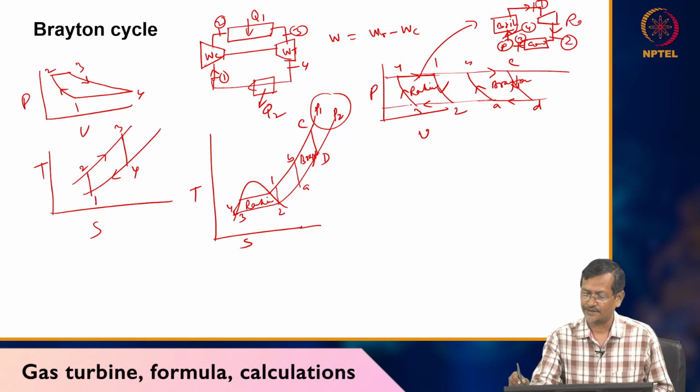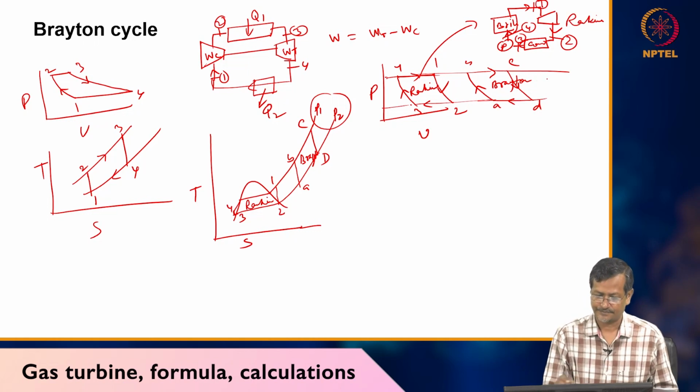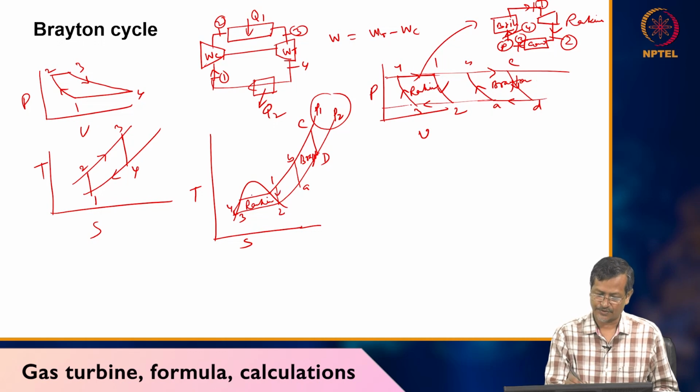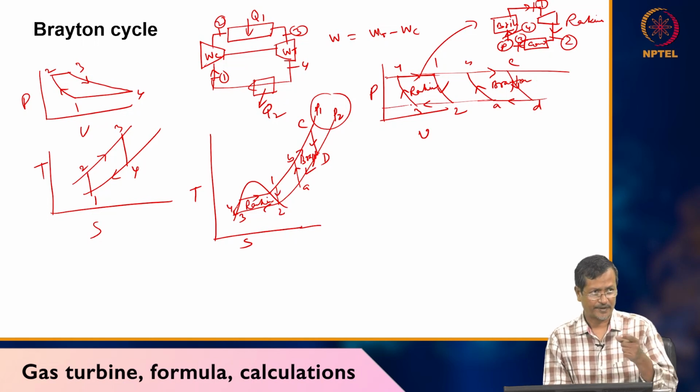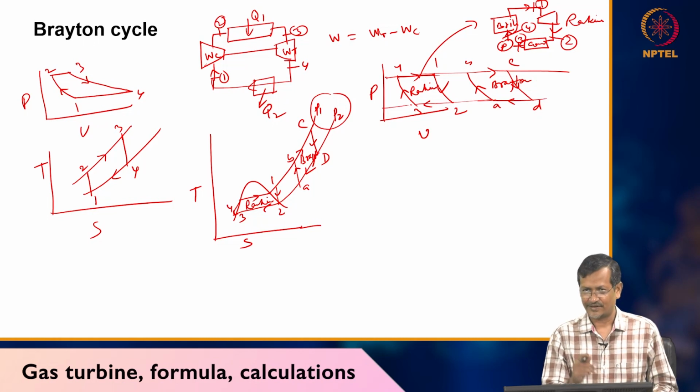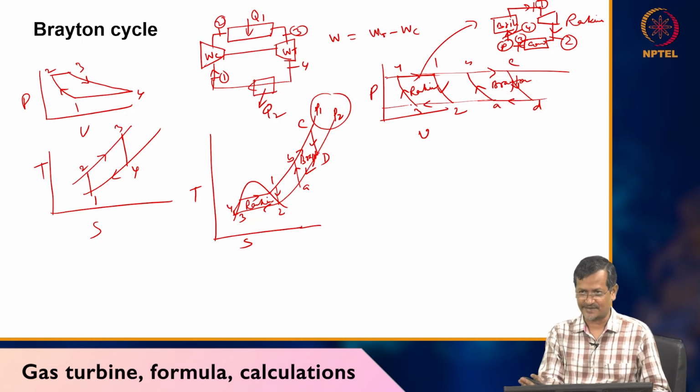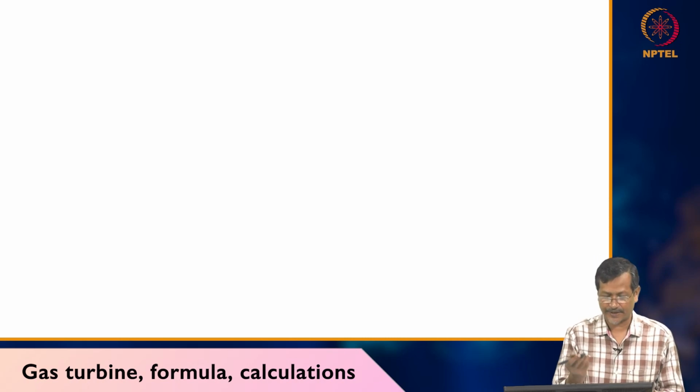This is Rankine, this is Brayton. 1 to 2 is expansion process. Whenever you draw a figure, you should give proper arrow symbols, otherwise I may cut marks, because if you do not show the flow direction, then drawing Rankine cycle or Brayton cycle or any type of cycle is meaningless.